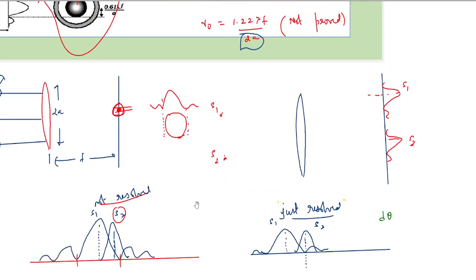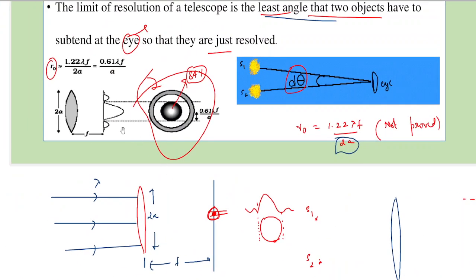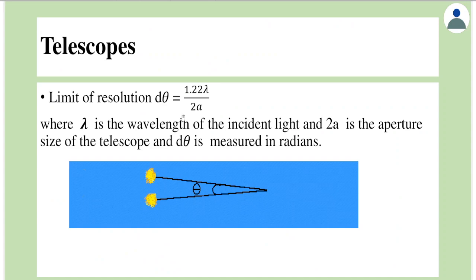And the d theta, when you solve this pattern, you know what is r naught, and from here you can find d theta. We recall that r naught was given as 1.22 lambda by 2a into f. The angle here is called d theta.